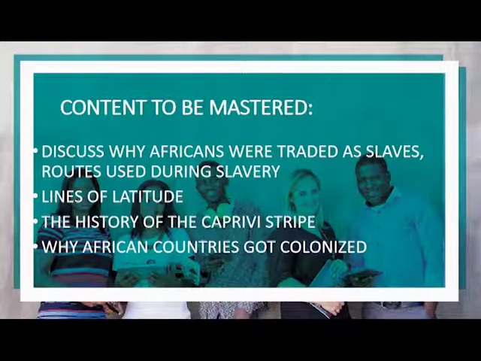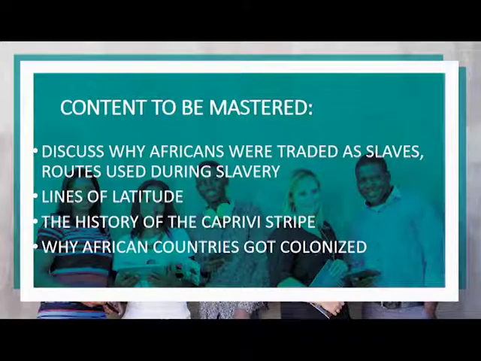Also, you need to know the routes that were used during slavery. The slaves would be taken from where they were in Africa, the specific area, and kept somewhere, because these people wanted to confuse them and really drain them emotionally. So how did they do it? They were moved from one part, then what was the second destination, until they reached their final destination?